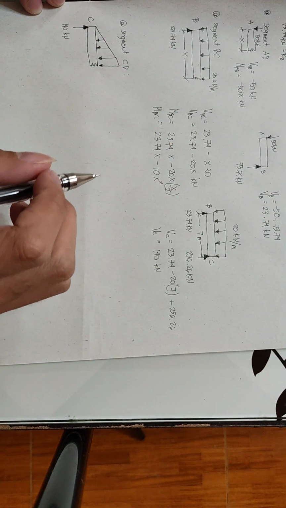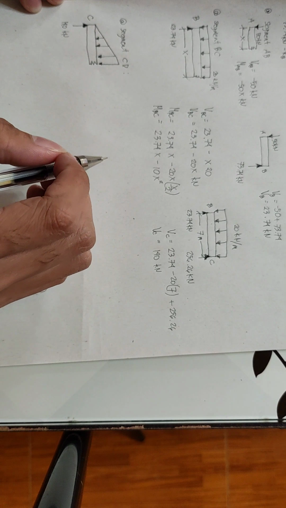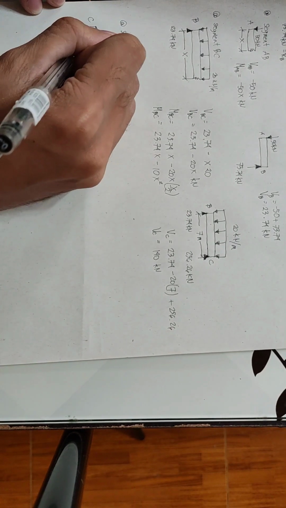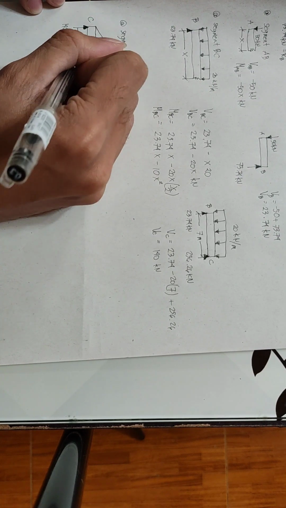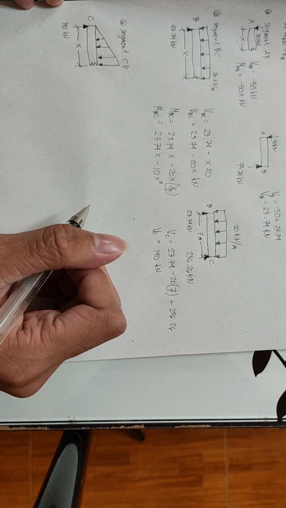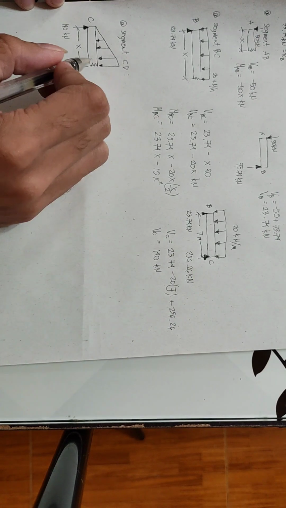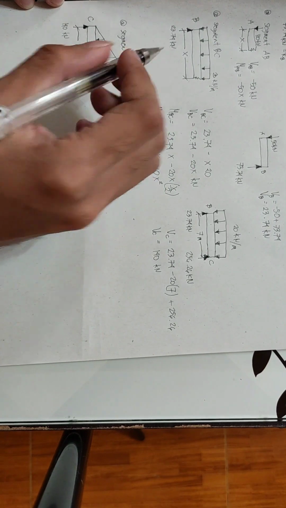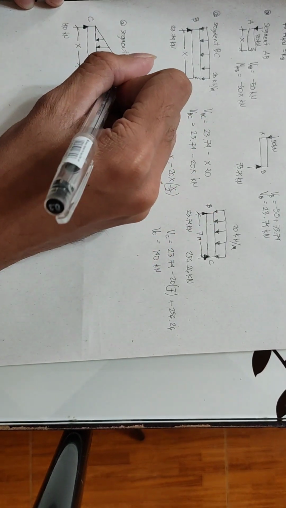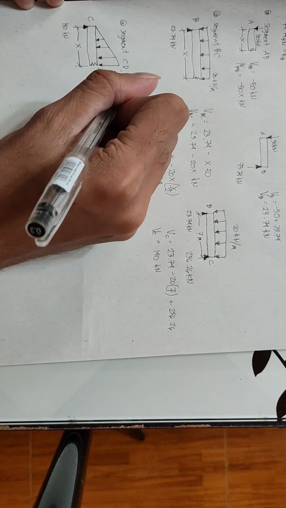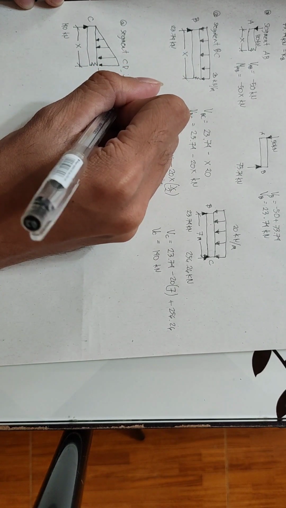And also the distance from C to the cut line, we let it be X, and since it is cut, the original shape is like this one.